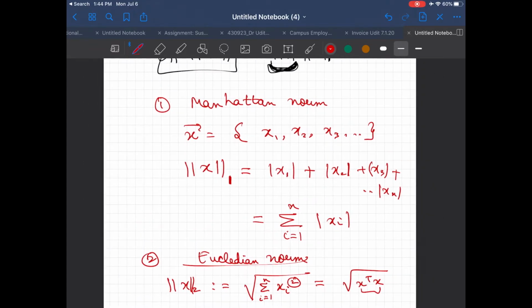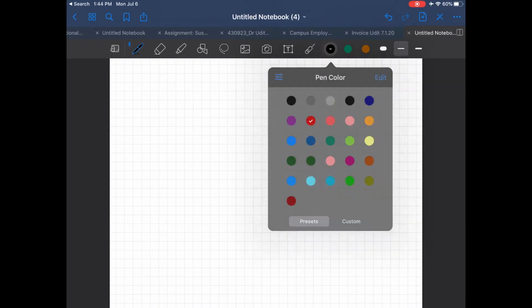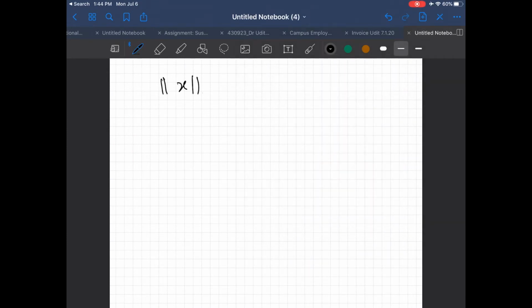and adding them together. Now the way we have defined a Euclidean norm, we can define any norm of nth order. So I can write this norm of order n as the summation i from 1 to n of xi raised to power n, all raised to the power 1 over n.